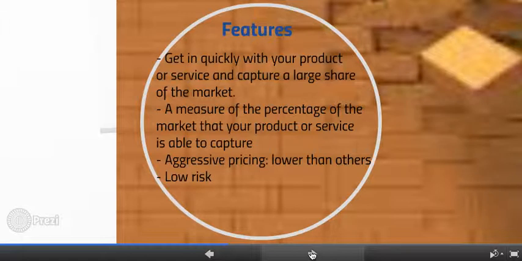The company, according to this strategy, puts a very aggressive low price, which is lower than most of its competitors. And out of the four strategies under the Ansoff's matrix, this strategy bears the lowest risk.